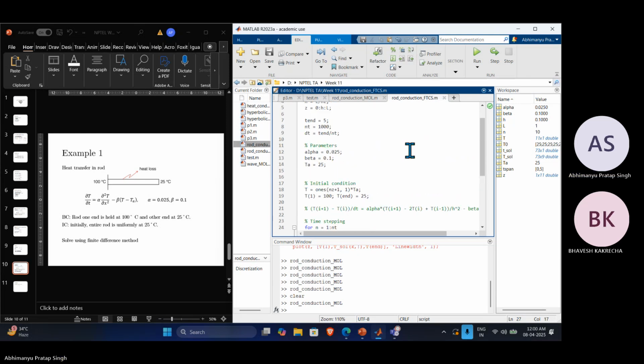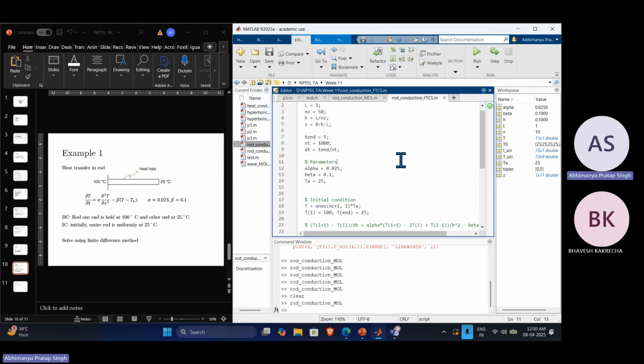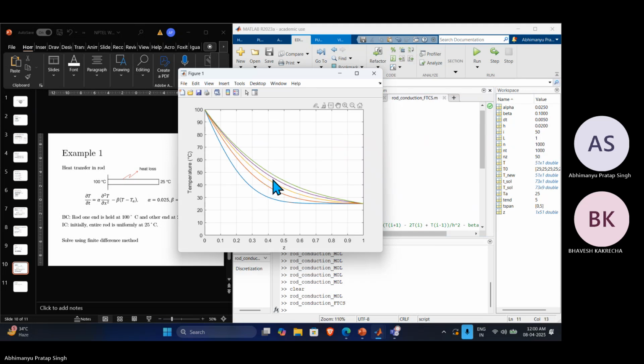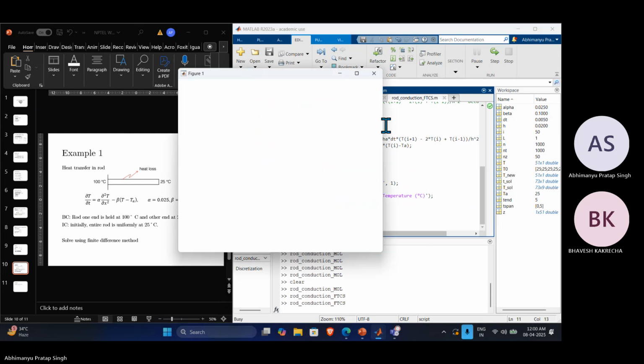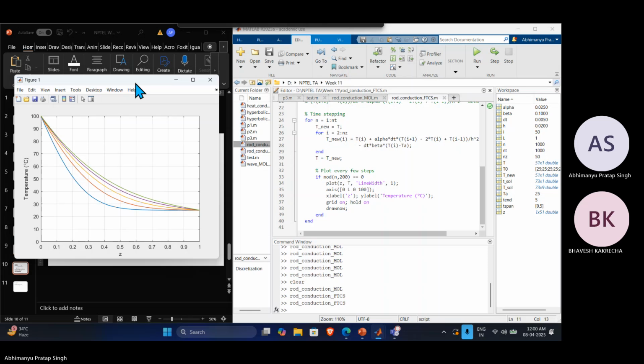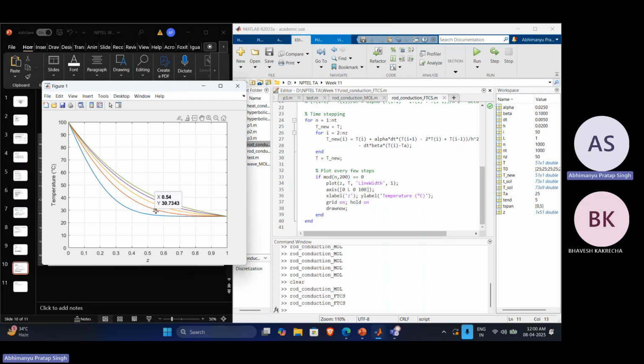So if I run this, and yeah, so this is what we are getting from the FTCS scheme. The last one is for t equal to 5 seconds.